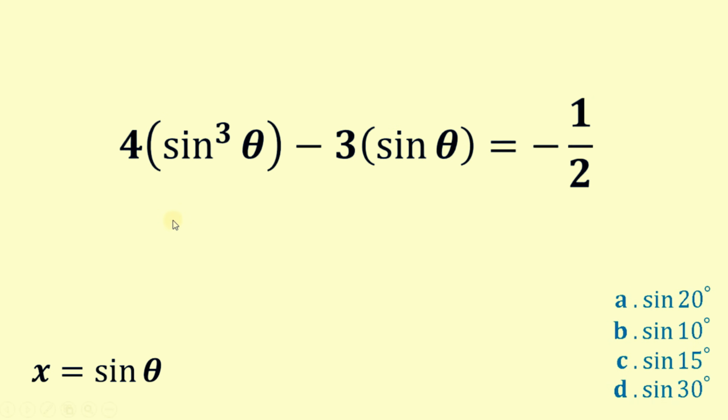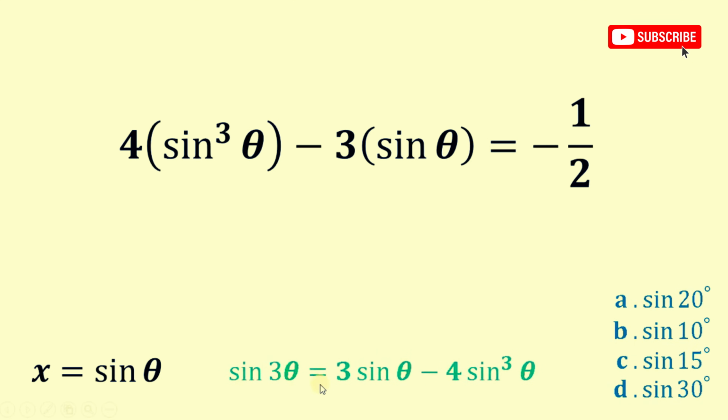And then, take note of the expression on the left-hand side. We have 4 times sine cube of theta minus 3 times sine theta. This is familiar because in trigonometry, we have a triple angle formula. Take note that sine 3 theta is equivalent to 3 times sine theta minus 4 times sine cube of theta.